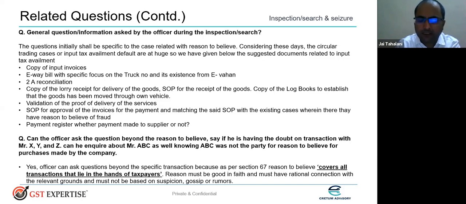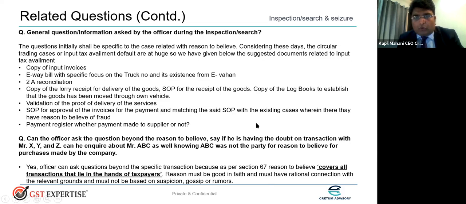But can you throw some light on what precautions a company can take while dealing with a middleman or purchasing from an unregistered person, so that if it is circular trading and inadvertently they are getting into it, they have some safeguard if such proceedings come up before them? What precautions can they take?